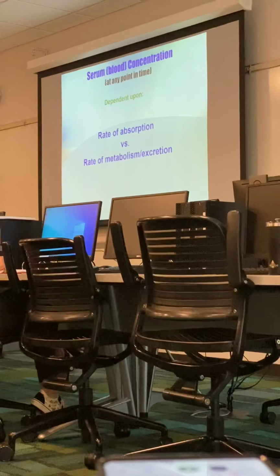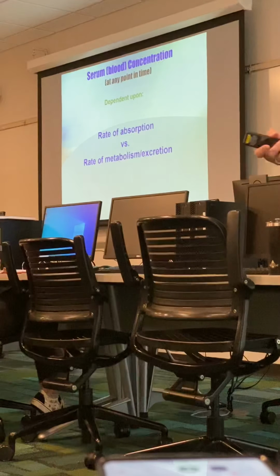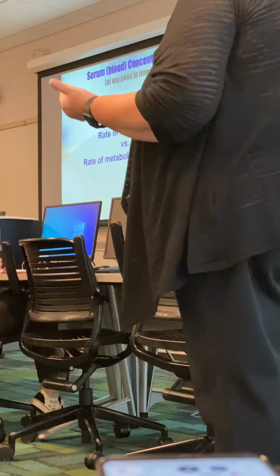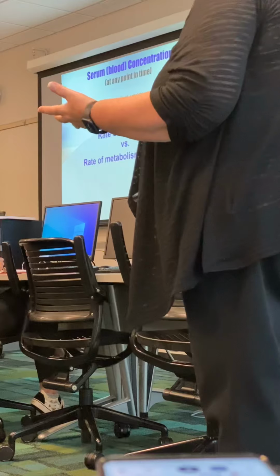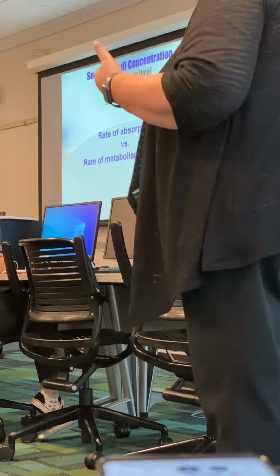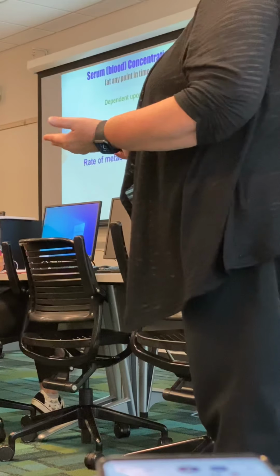Because if we have a high absorption of that anesthetic, there's not going to be as much in the blood. If we have a high rate of metabolism, there's not going to be that much in the blood. But if we have a low rate of those, we could actually cause toxic effects by having too much anesthetic in the bloodstream.